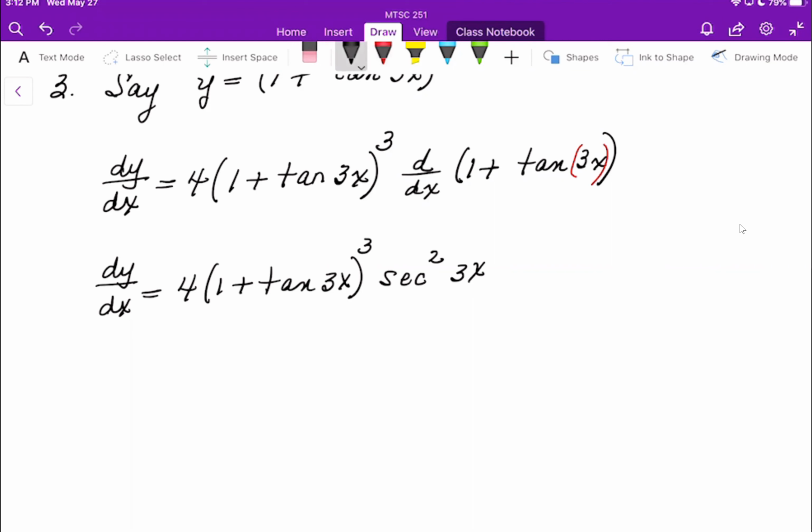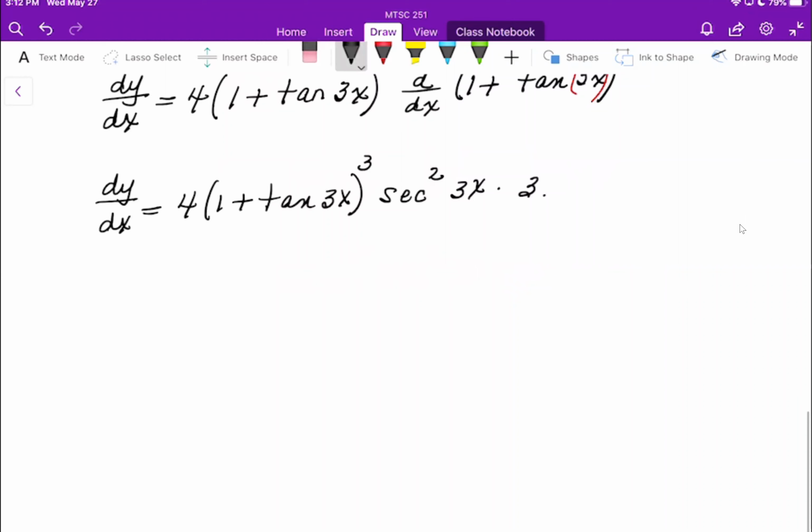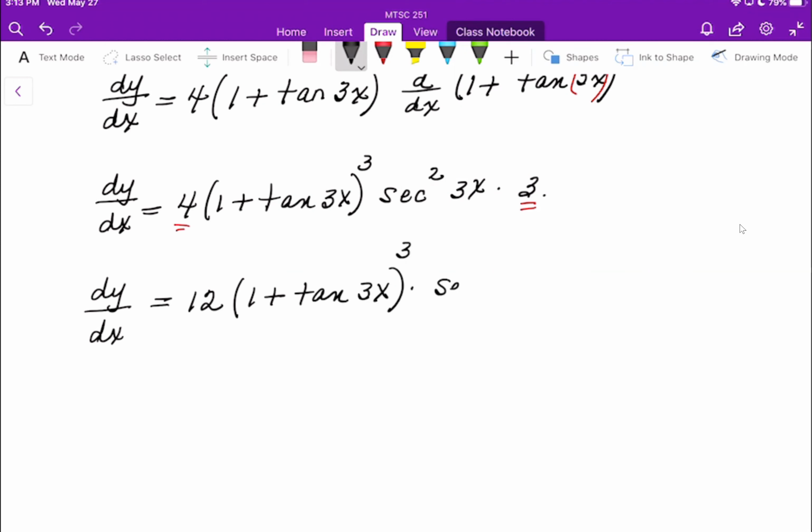So therefore, we're going to multiply by a 3. So now we get that dy/dx, this 3 times this 4, gives me 12, times (1 + tan 3x) cubed, and then I still get the secant squared of 3x, and I have now completed the problem.